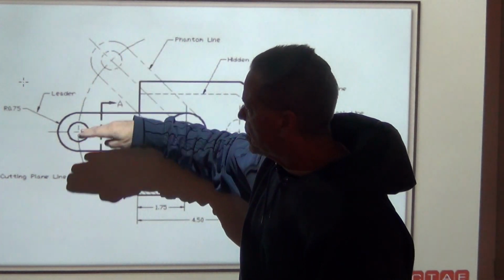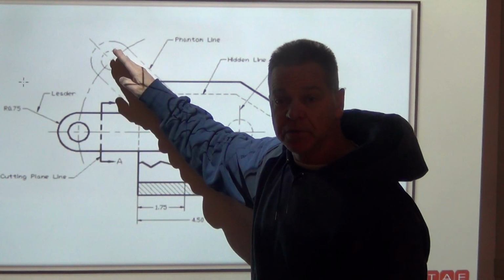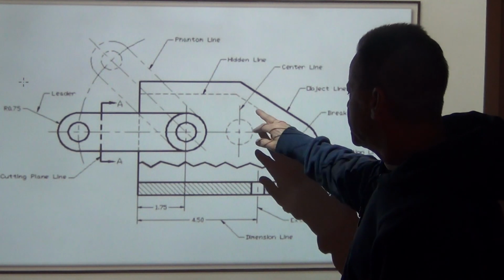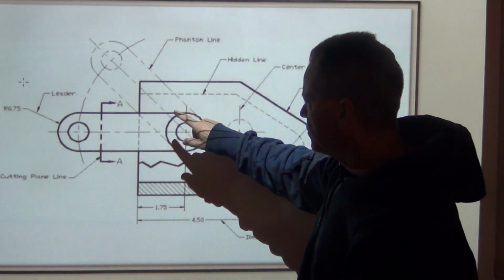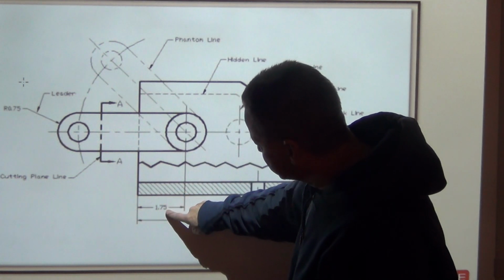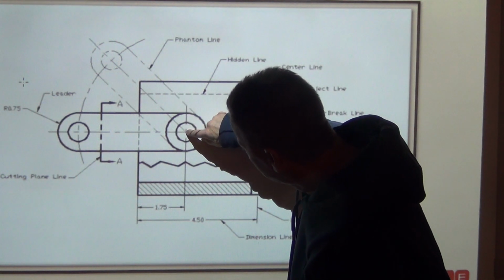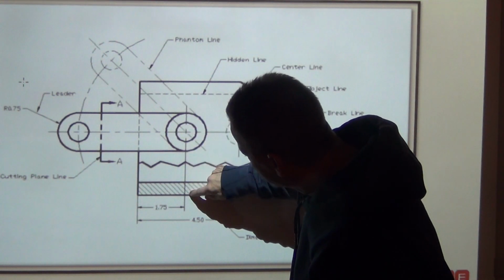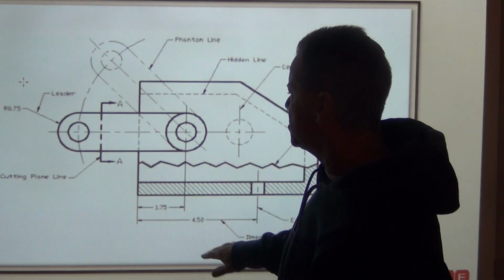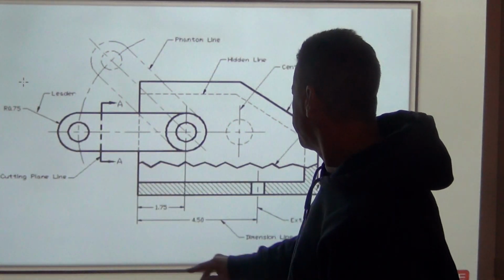This phantom line says, oh, well, we're showing it to you for real here, but it could also move up to here, right? So that's a phantom line. Center line, we talked about, going through the circle. Notice how when you've got a circle here, we're using this as a thing to dimension to, right? So the center line of this hole, right here, comes down and says, oh, that center line is 1.75 units, probably inches, I suppose, from this edge of the object, right?